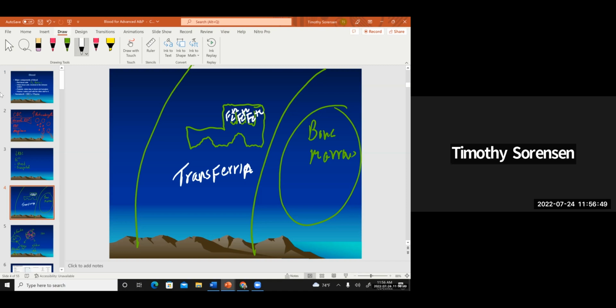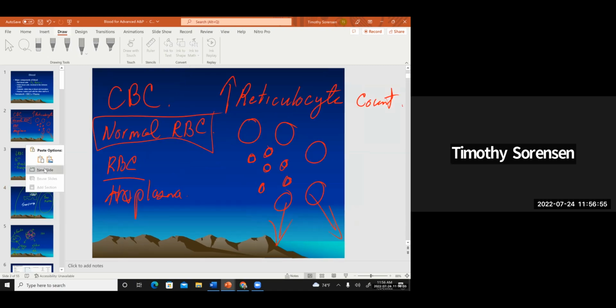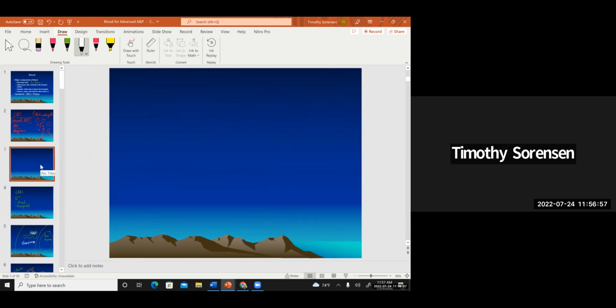Now, if someone is anemic and a doctor wants to determine if the anemia is caused by an iron deficiency, then the labs that they're going to draw are these, right? They're going to look at, obviously, their red blood cell count.